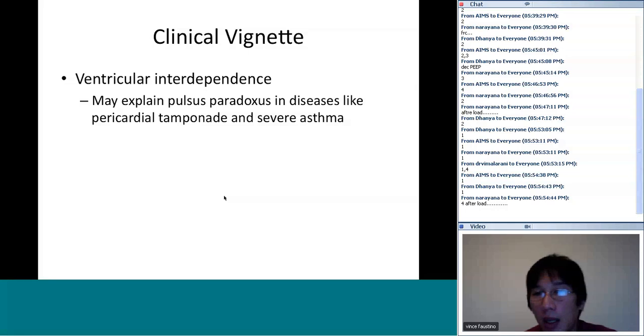And this may not be a cardiac issue, but in patients with severe asthma, pulsus paradoxus is a very bad prognostic sign because it's telling you that the obstruction is so severe the patient needs to generate a very negative intrathoracic pressure, and it's just another marker of the severity of your asthmatic attack.